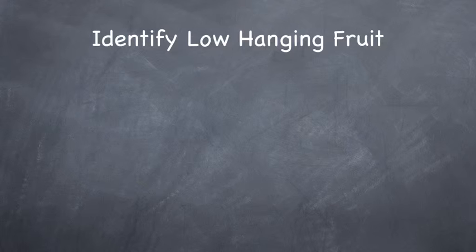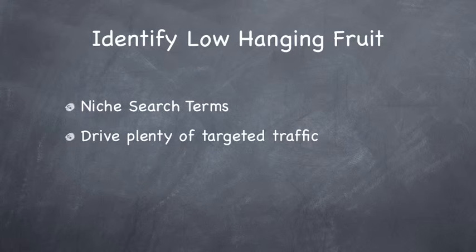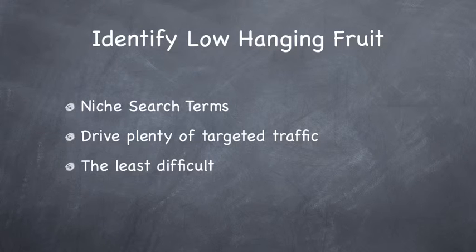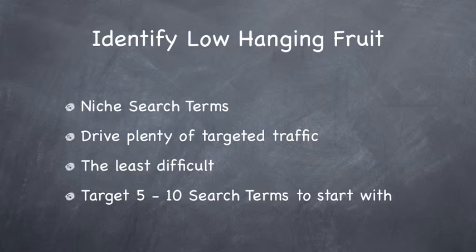Right, now you're in a position to identify the low-hanging fruit. Now, what do I mean by that? I mean the niche search terms. The terms which drive plenty of targeted traffic to your site. There's lots of people looking for using these search terms. But the least difficult, the ones with the lowest numbers, the lowest average domain authority, page authority, number of linking root domains.